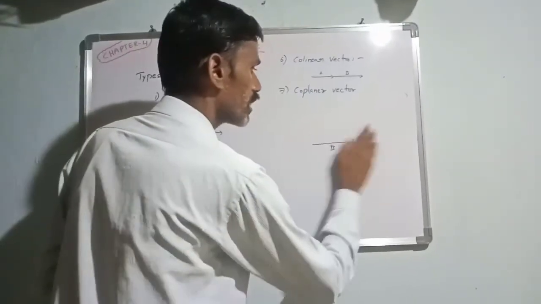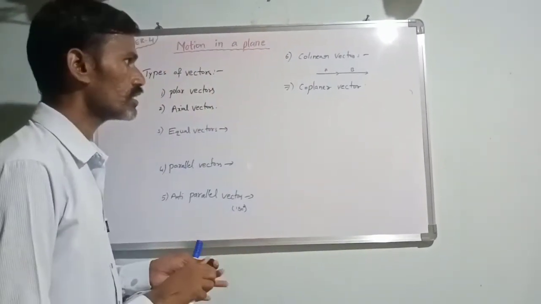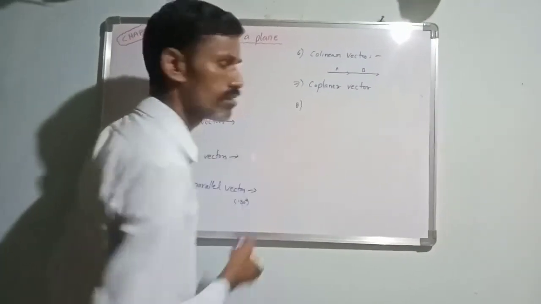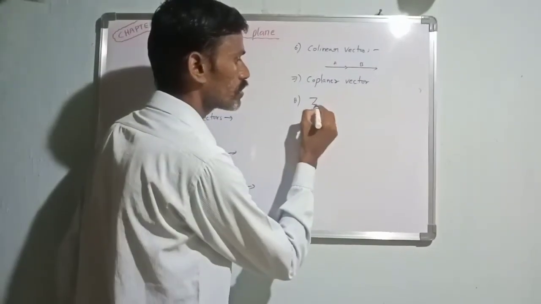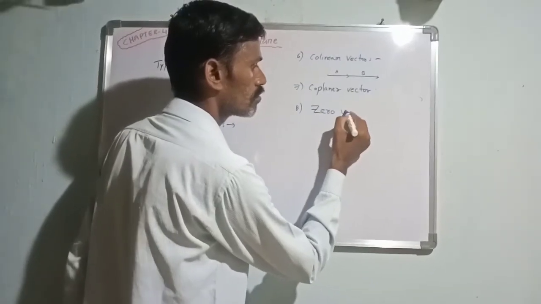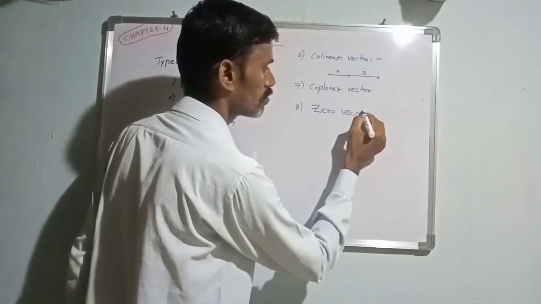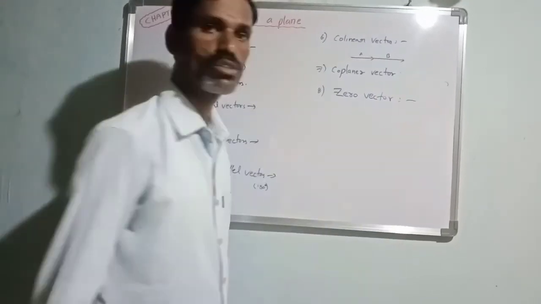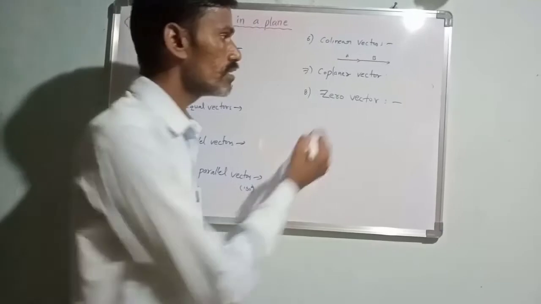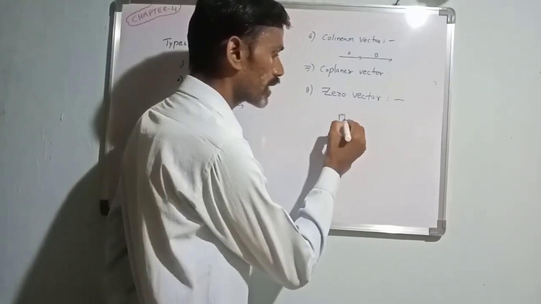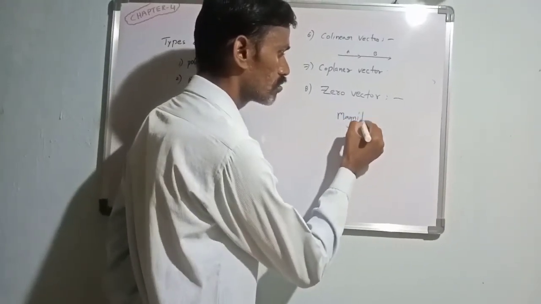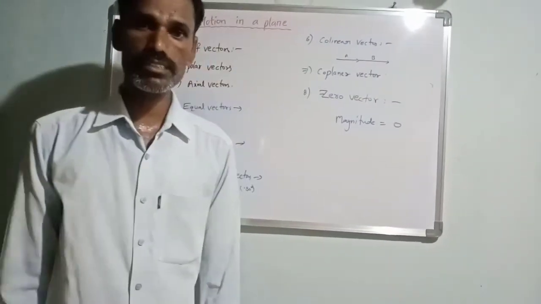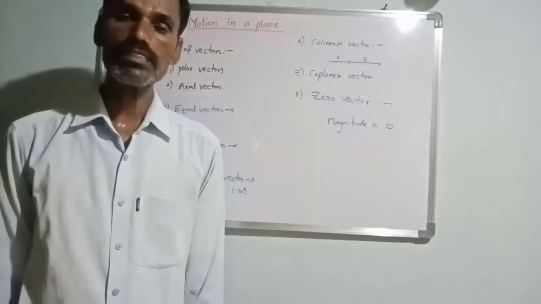Now the next type is zero vectors. As the name implies, if the magnitude of a vector is 0, then the vector is said to be a zero vector.